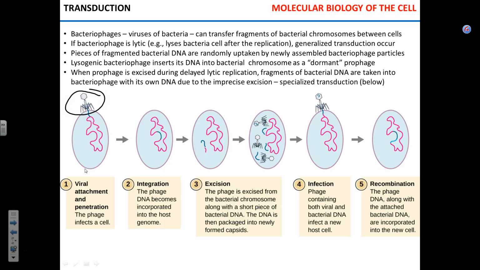Now, when phage attaches, it doesn't get all the way in. Instead, it inserts its DNA. That little brown stick that you can see in the cell is the phage DNA. It injects it like through the needle.